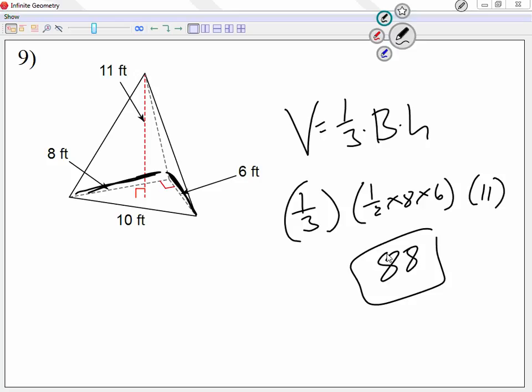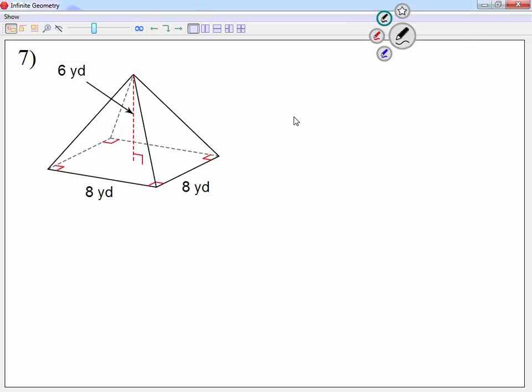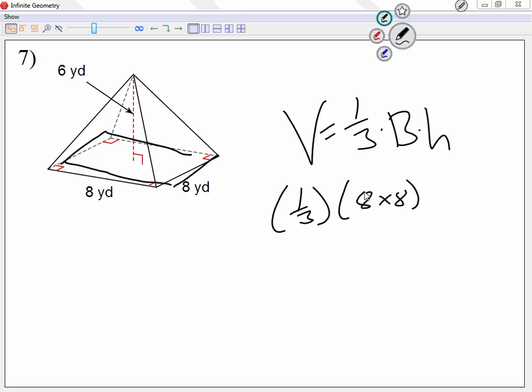Okay. 7. So volume, remember, 1/3 times the area of the base times the height. 1/3 is just 1/3. The base is a rectangle. The two numbers that make 90 degrees are 8 and 8. So I'm just going to go 8 times 8. Remember, there's no half on a rectangle. And then the height of this is 6.